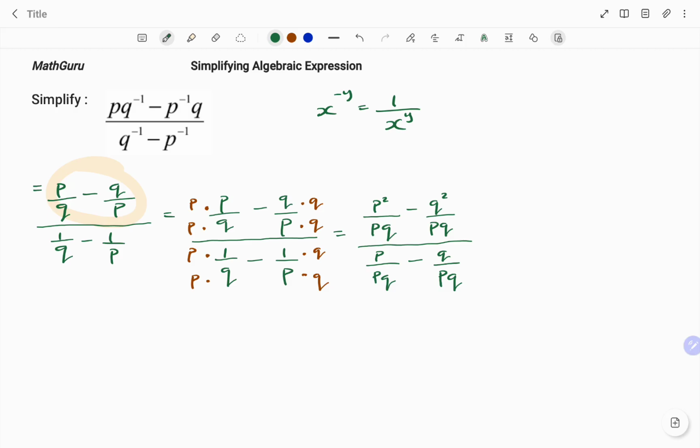When you're adding or subtracting fractions, the first step is to make the denominator the same, and after you've been able to make the denominator the same as shown, then you can place the fractions under the same denominator.